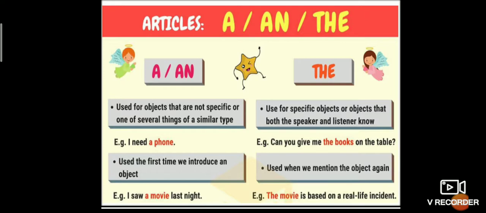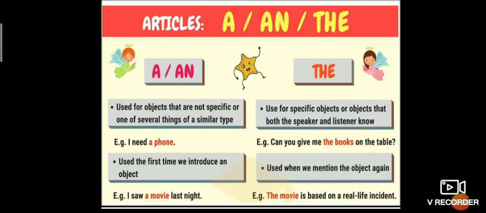Then it's used when we introduce an object for the first time, when we are talking about something for the first time that we are not aware of. So when we are talking about anything for the first time, we use these articles a or an, which are called indefinite articles. Like, I saw a movie last night. So it can be any movie. Alright. So for the first time when you are talking to somebody, see, I saw a movie last night. So that means you saw some movie.